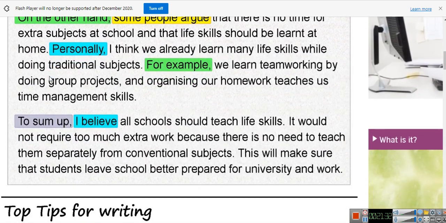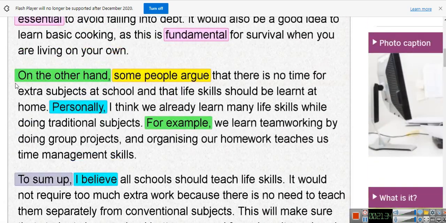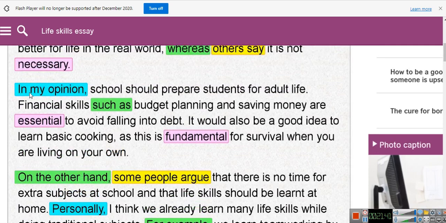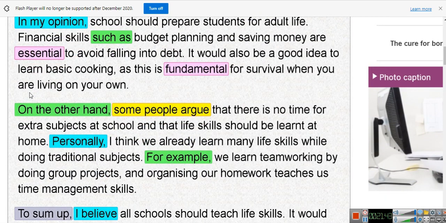Alright, here's our third paragraph. "On the other hand": now this is telling us that he's going to contradict the second paragraph. On the other hand, some people argue that there is no time for extra subjects at school, and that life skills should be learned at home.